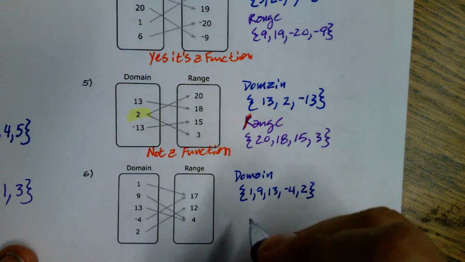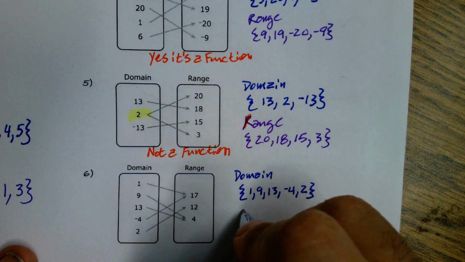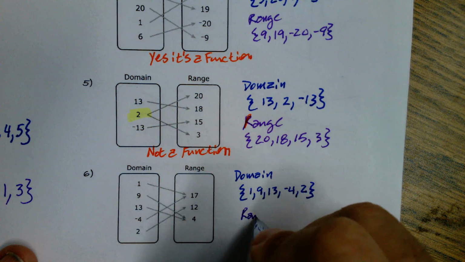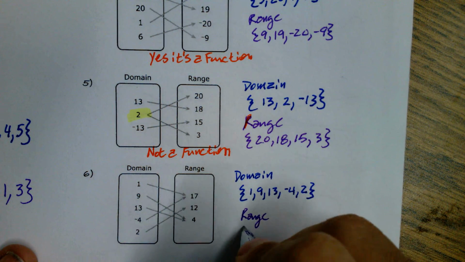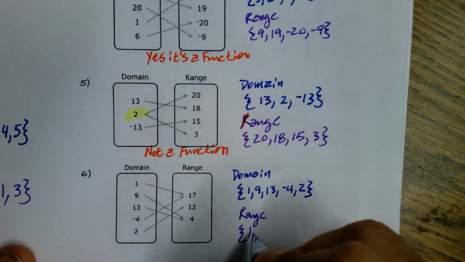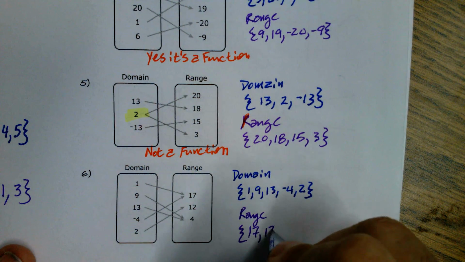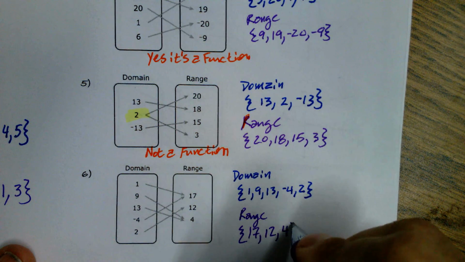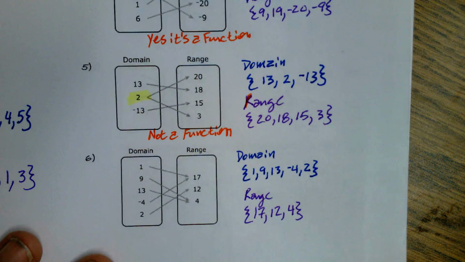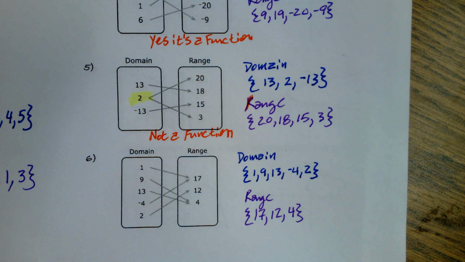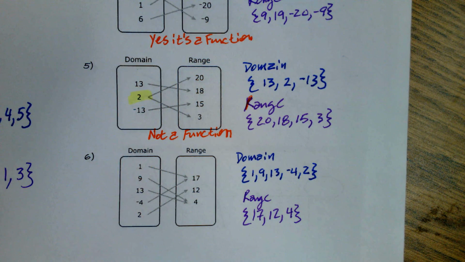And the range is only 3 values. -17, 12, and 4. Okay. Is there cheating? No. Well, technically there is. Technically, there is cheating. There's one with the line, so it's fine.